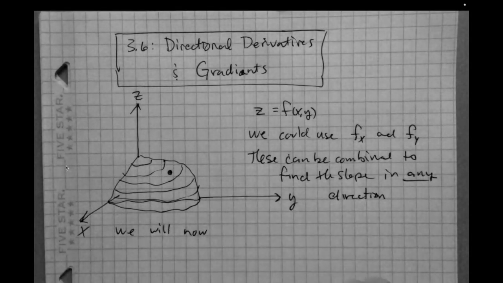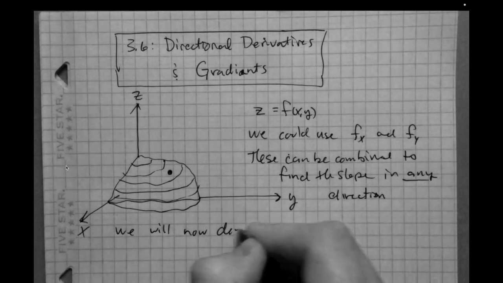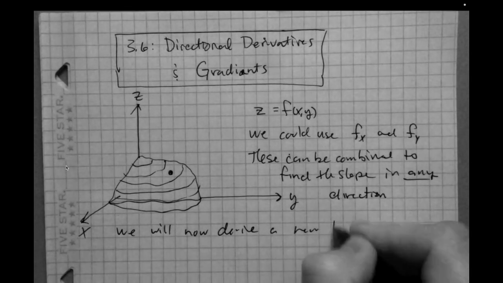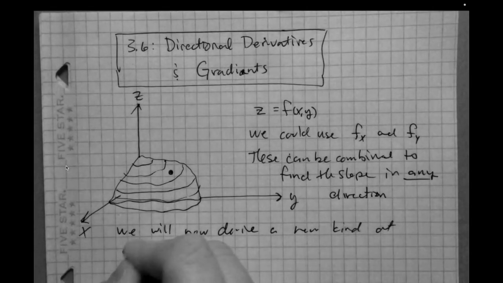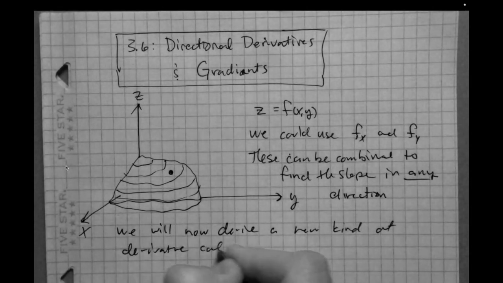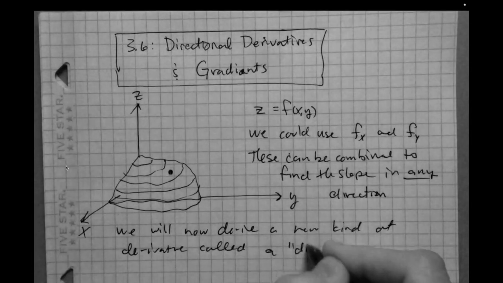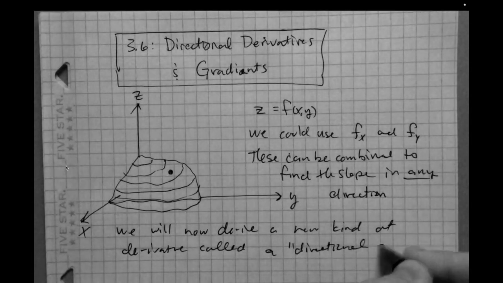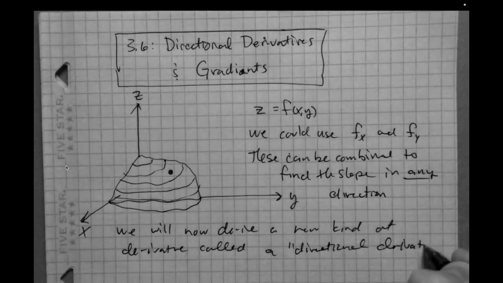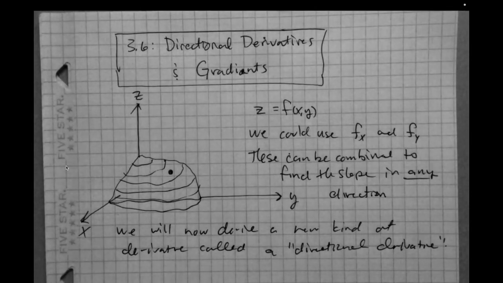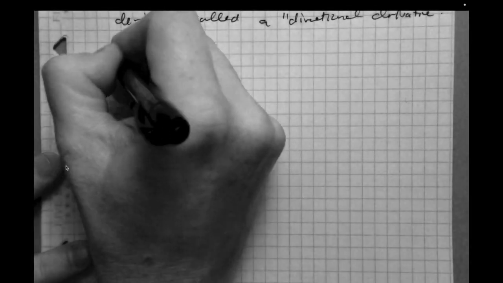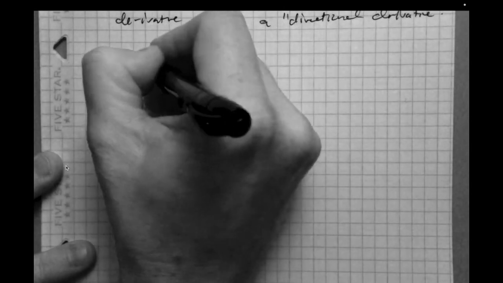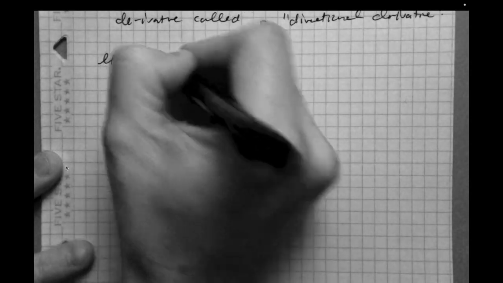And we're going to get there by way of derivation. Okay, a directional derivative. Let's go ahead and talk this through. It might be a little bit of a ways to get there, but we will get there. We're going to start by letting f of x, y equals z just as before.